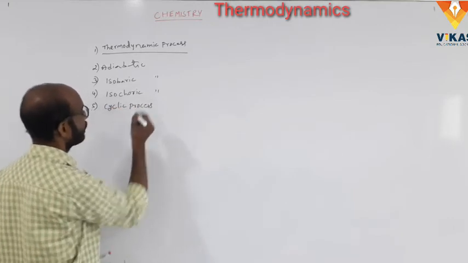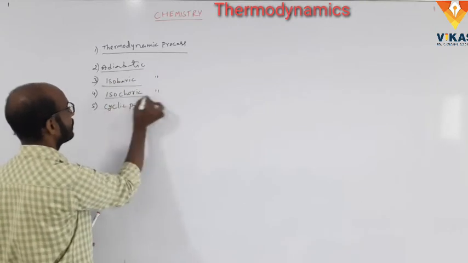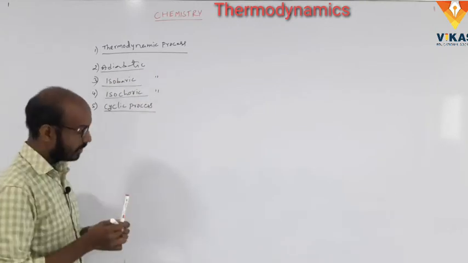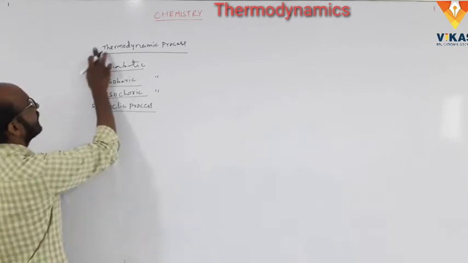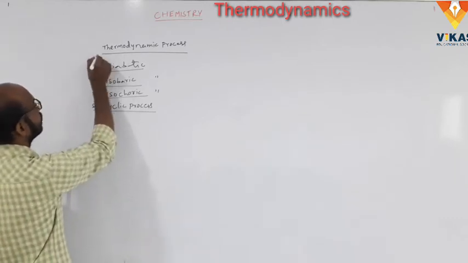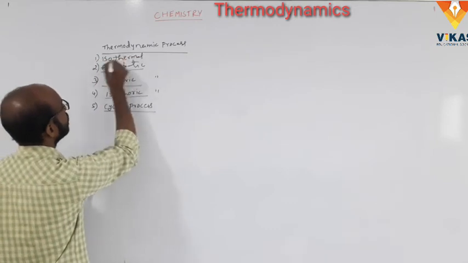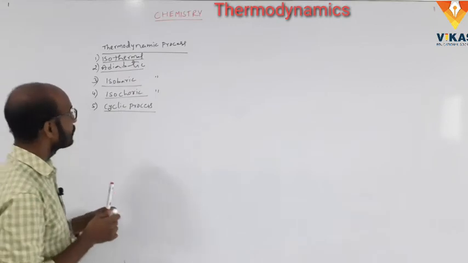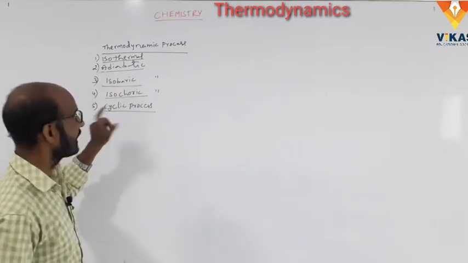This is the thermodynamic process from last class. So what is the thermodynamic process? The first one is the isothermal process, second adiabatic, isobaric, isochoric, cyclic process.